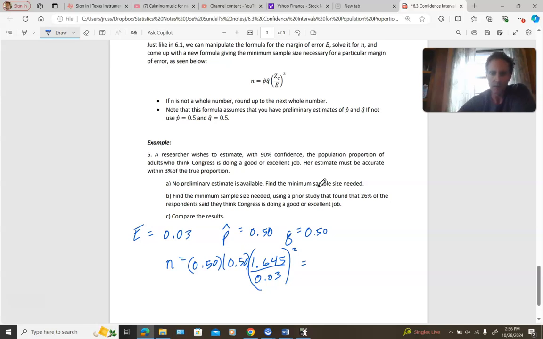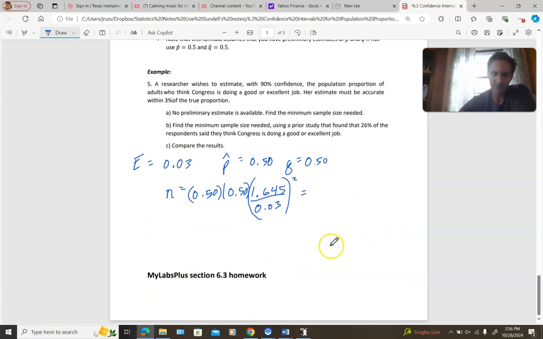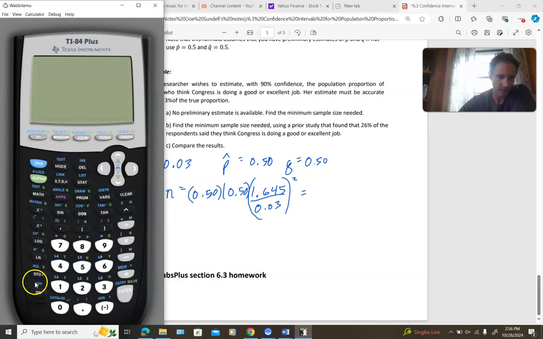Okay. So I'm going to plug this in my calculator. I'm ready to compare these results because this is interesting. Alright, so 1.645, and divide that by the margin of error. And enter, and I'm going to go ahead and square it.